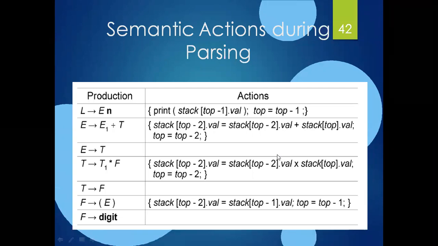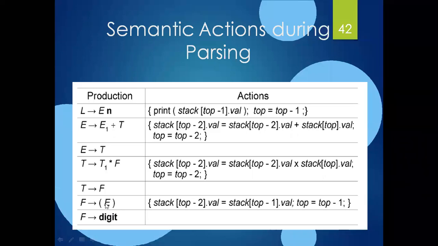Initially, whatever value I get for the node E, that value is assigned to the root node of the given grammar, right? So to know the value of E, I need to compute E1 plus T, right? To know the value of T, I need to compute the rule T1 star F, right? To know what F is, I need to compute either directly a digit, or sometimes if my expression consists of parentheses like this, then I need to choose a rule like this.